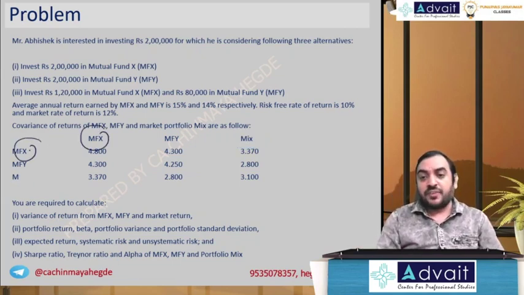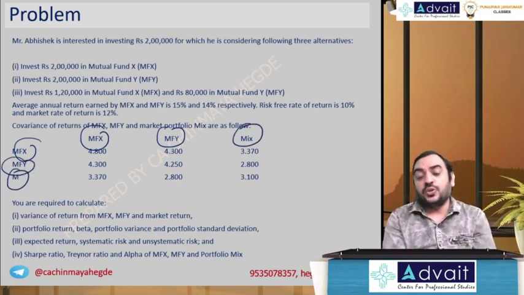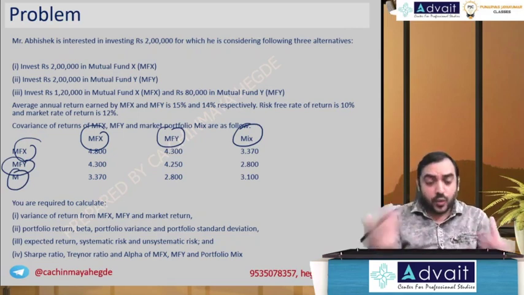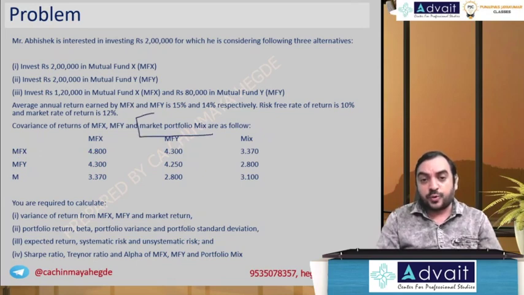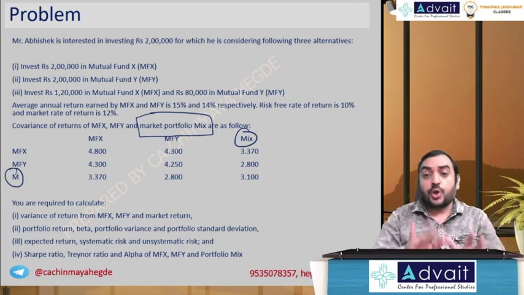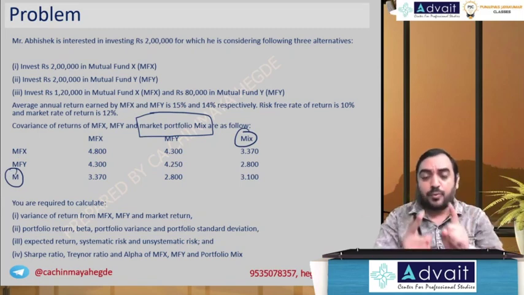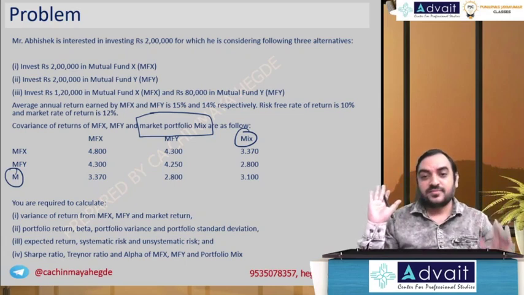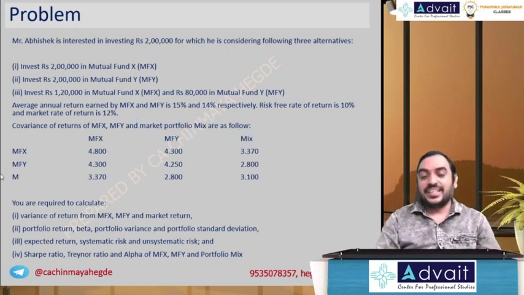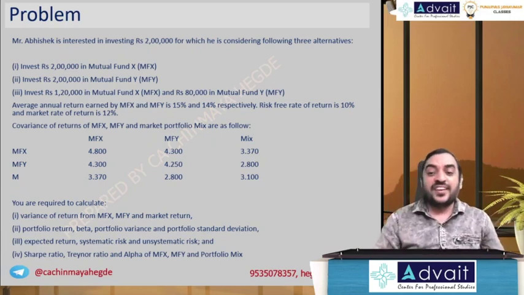Just like MFX and MFX are the same, MFY and MFY are the same, this mix and M are the same. They mislead you by giving different titles and headings. It is the same: the market portfolio mix. Whether you call it mix, M or MP, whatever it is, it represents the market portfolio. That's how they mislead in examinations. Okay, now let's come to the first part of the question. Very, very interesting.